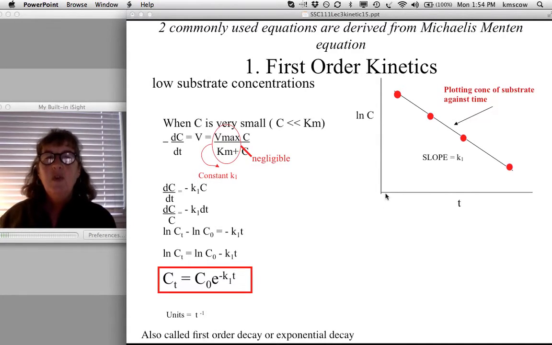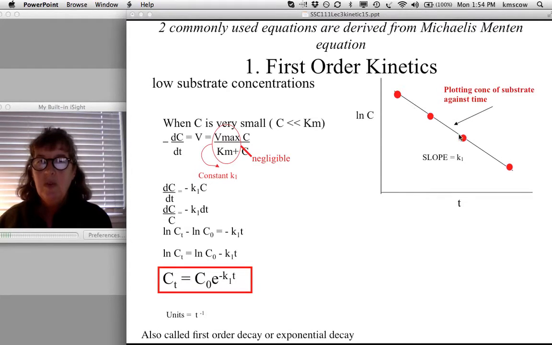And if you take the natural log of the concentration and plot it over time, you're going to get, under best of conditions, a straight line. And the slope of that curve is K1.